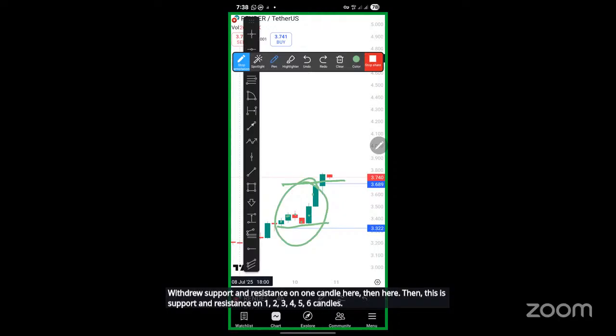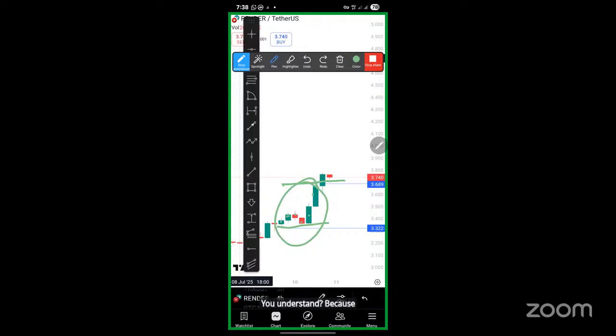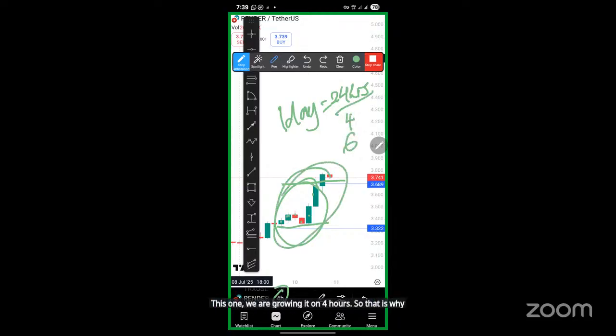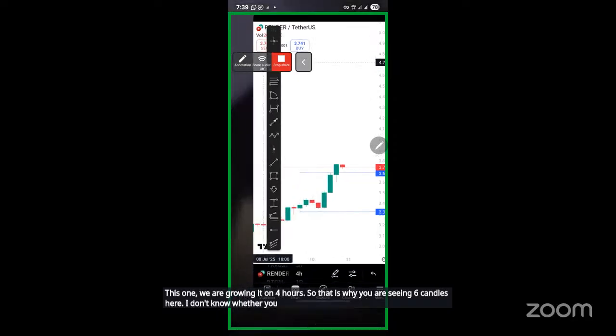You understand? Because the other one was 1 day, and 1 day equals 24 hours, and this one we are drawing on 4 hours. So that is why you are seeing 6 candles here. I don't know whether you are seeing the relationship. Have you understood?